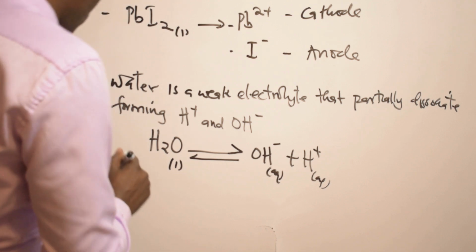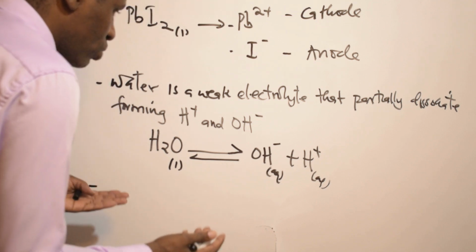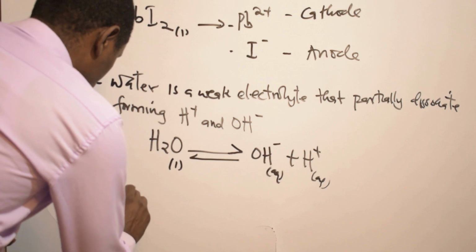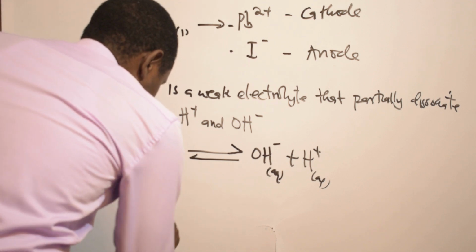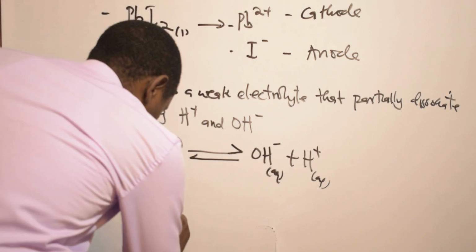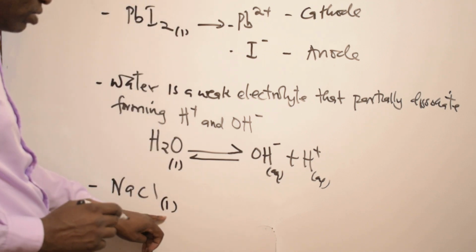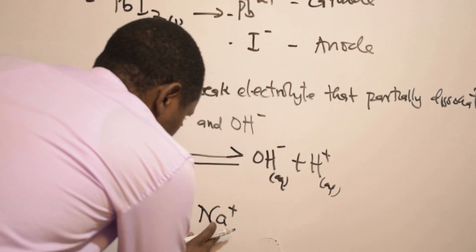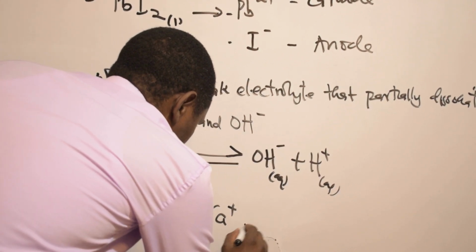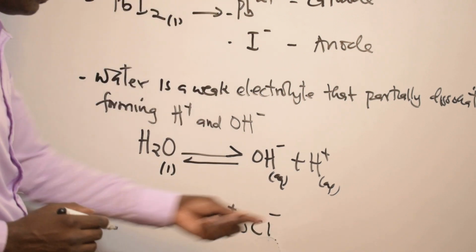If I would be talking about something like sodium chloride, in molten state, the liquid state, it will have the sodium ions and the chloride ions.